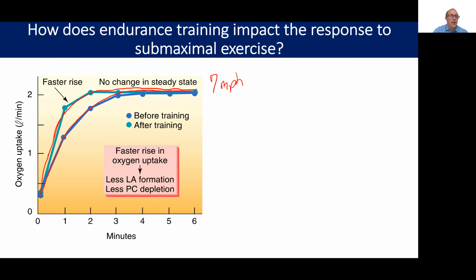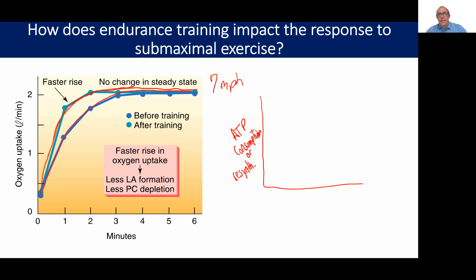You get up to a steady state more rapidly. Why would that be beneficial? Remember back to your oxygen deficit diagrams. Remember, this is how I drew them in the past. We have ATP consumption or resynthesis.